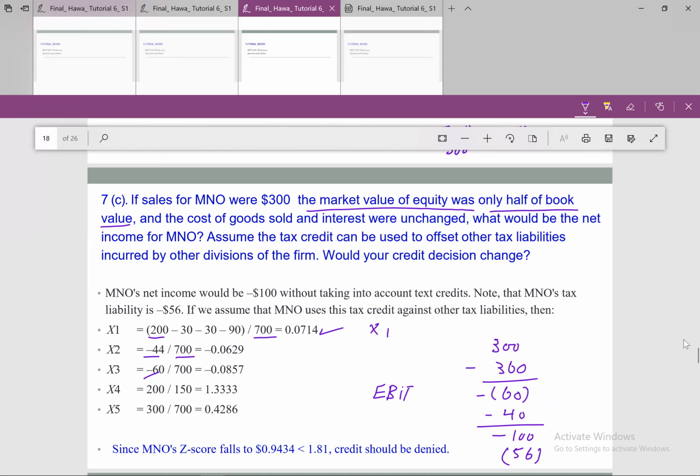And this is why the book value is almost double the market value, which means the company is going down. So I put 200 over the debt, 133, and then X5, which is the sales over the total assets, 426.